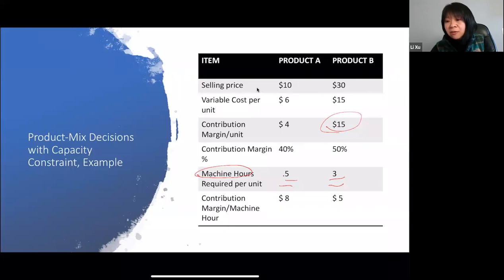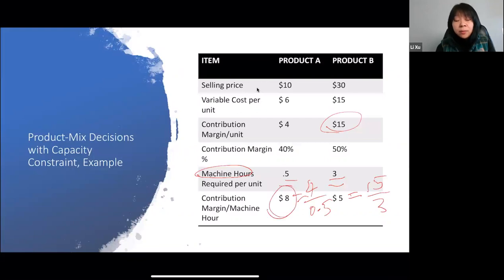But for product A, each machine hour's contribution margin is $8, while for product B it is only 5. So here, this is just going to be 15 divided by 3. This is just going to be 4 divided by 0.5. Okay. In that case, I would say the winner is going to be product A because it has the highest contribution margin per machine hour.